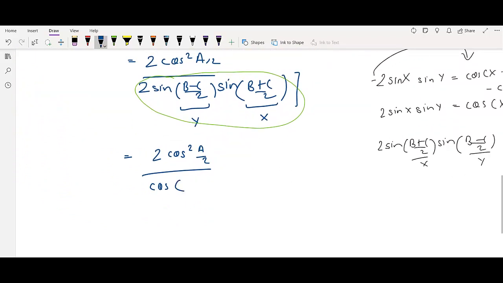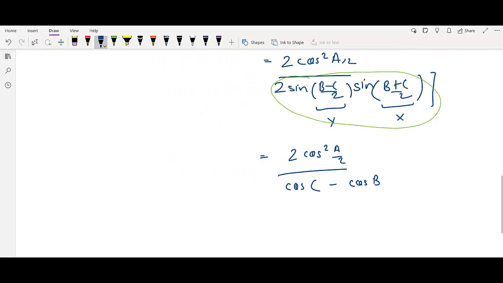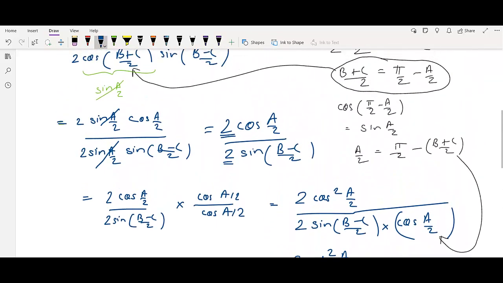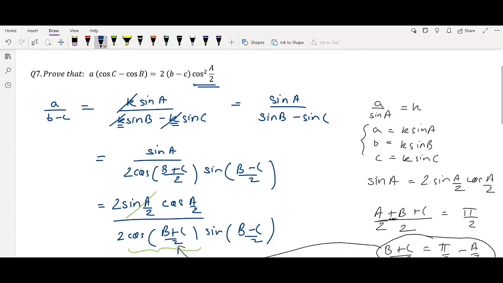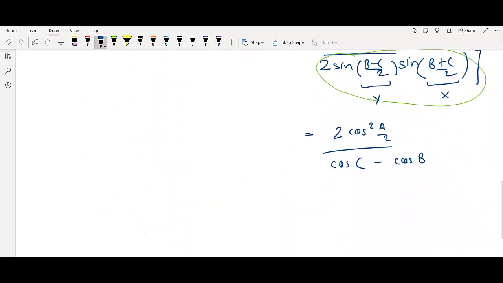Make sure you get the b and c's right. Cos c minus cos b. Now what did we have on the left hand side? We had some constants, right? I just lost track of them. We had a upon b minus c. This equals a upon b minus c. Now we can do some rearranging.